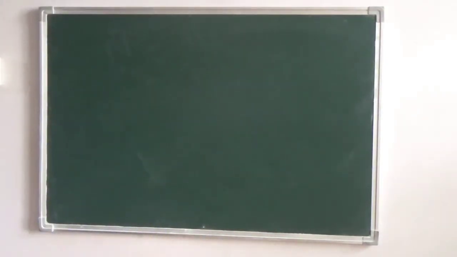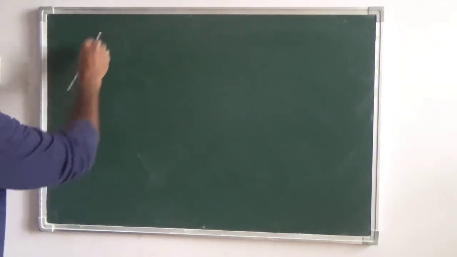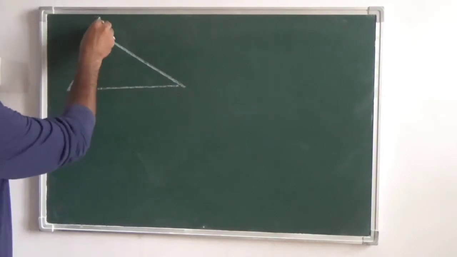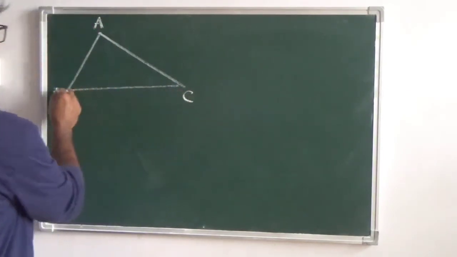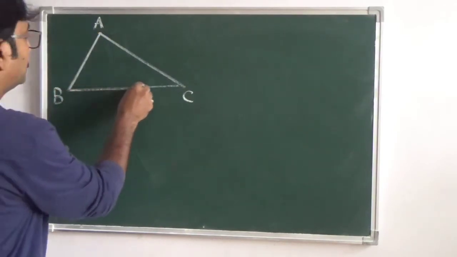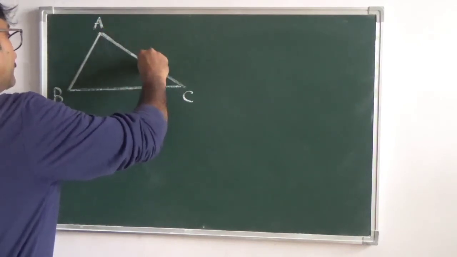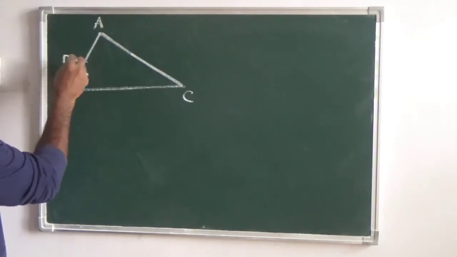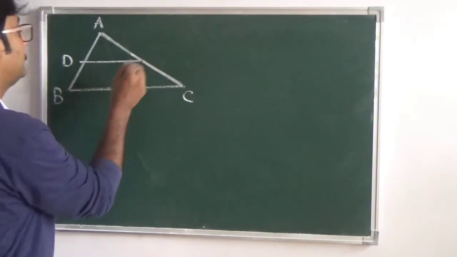So let us now draw the diagram. Suppose this is the triangle ABC. Let us take this point D, the midpoint of AB, and from here we draw a line parallel to BC.